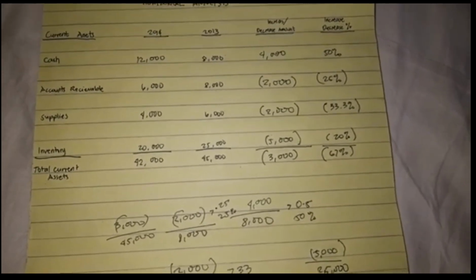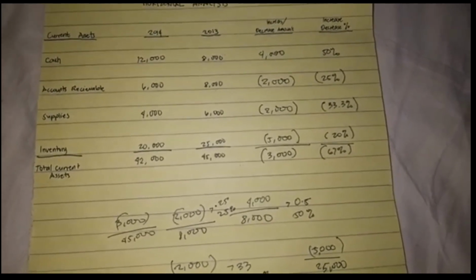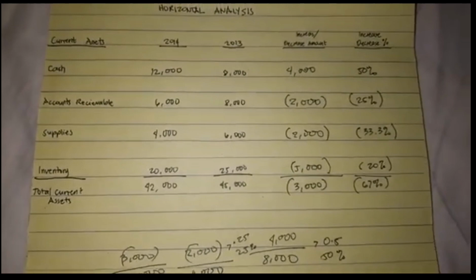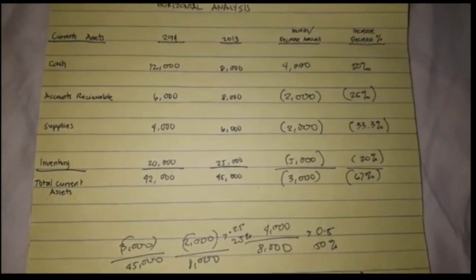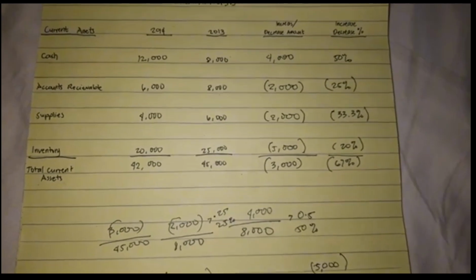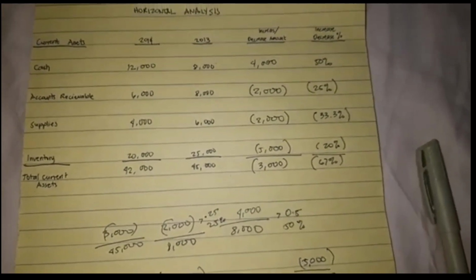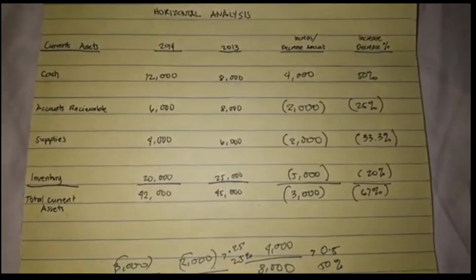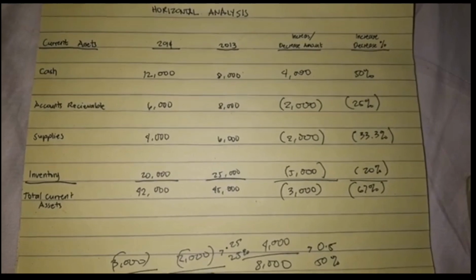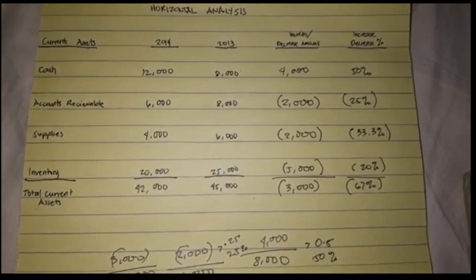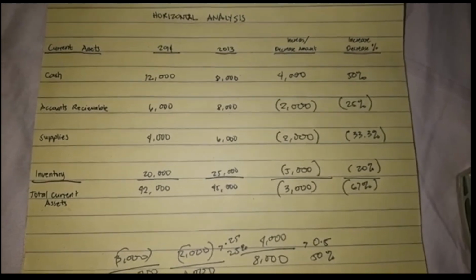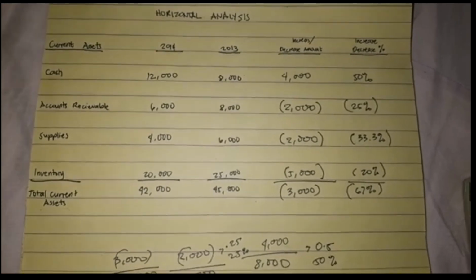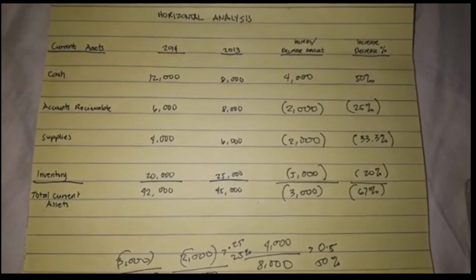One of the things here is you can see we have a reducing accounts receivable, so we are doing a little better about collecting the money that is owed to us. That is a good, positive thing. And then supplies looks like we have a decrease in that. There may be a reason, because maybe we're not purchasing as many supplies as we had in the past, and we're using them more efficiently. And then maybe inventory, maybe we're moving towards just-in-time, or we're just reducing our inventory before the end of the year.